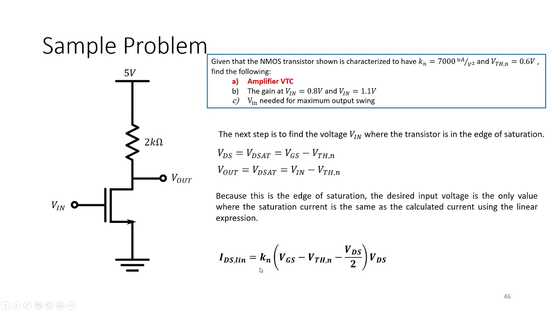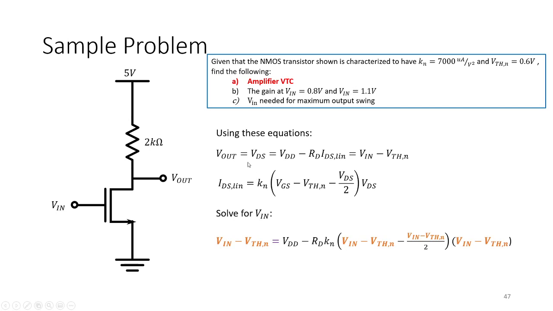Remember that because this is the edge of saturation, the desired input voltage is the only value where the saturation current is the same as the calculated current using the linear expression, because this is the edge. That means that when you use the saturation current equation and the linear current equation, you'll get the same. But we're going to use the linear one. So we use these equations, and we substitute everything.